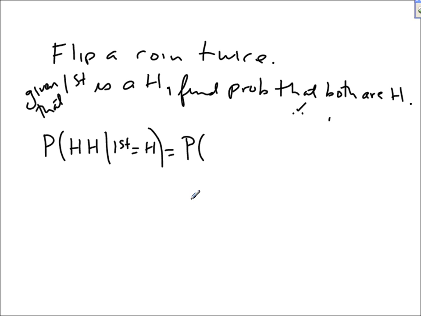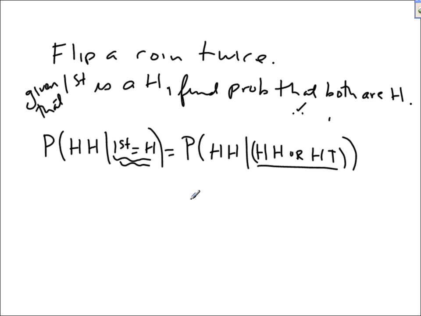That is, the given part is not saying what the second toss is. Head-head given either head-head or head-tail. We're just given that the first is the head. When I look at this, I say, oh, they got a head on the first.